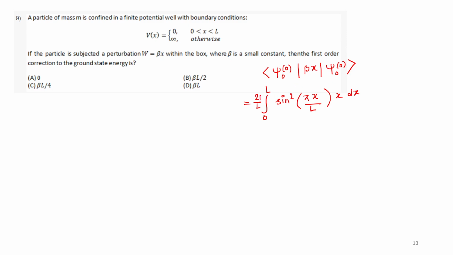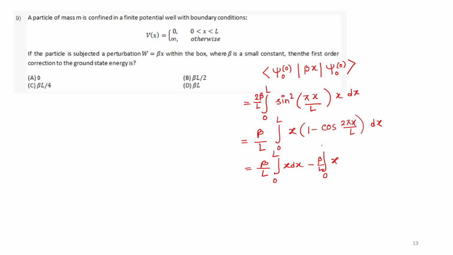Beta x, I can take the beta outside, so let me write beta by L, integration 0 to L x into 1 minus cos 2 pi x by L dx, which is beta by L integral 0 to L x dx, and minus beta by L integral 0 to L x cos 2 pi x by L dx.